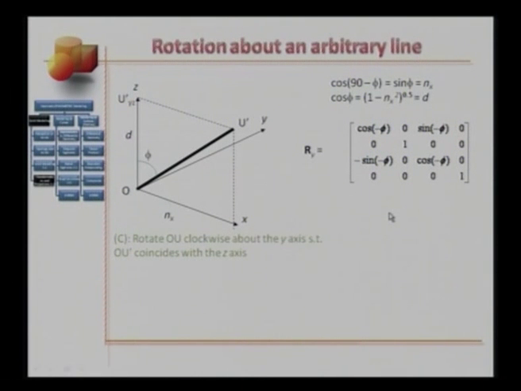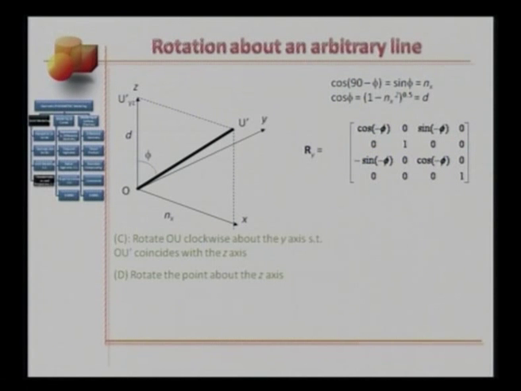So if we consider the rotation matrix Ry, we'll have 1 in the second row and the second column, and then we'll have cosine, minus sine, sine and cosine terms. And remember, this is minus phi here. Why? Because we are rotating this line clockwise about the y-axis.